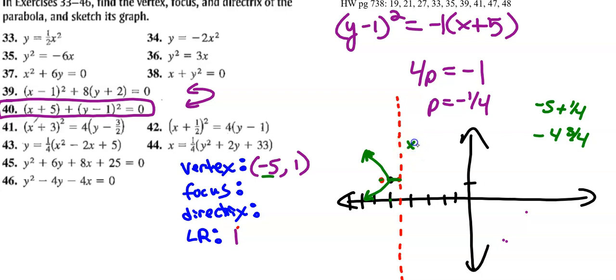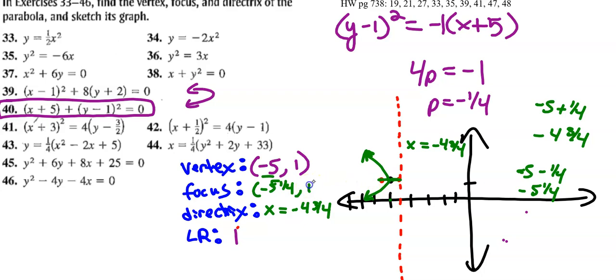So this equation right here is x equals -4 3/4. That's my directrix. Now if I go 1/4 to the left, that's like saying -5 minus 1/4. I'm at -5 1/4. That's going to the left just 1/4. So my focus is at -5 1/4, comma 1. Remember, it's still a point, so we got to put that in there.